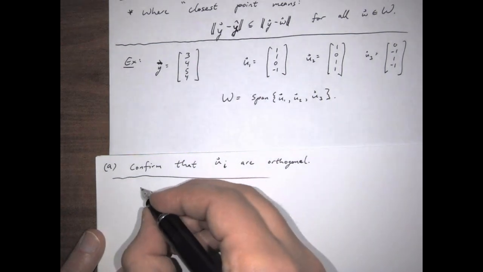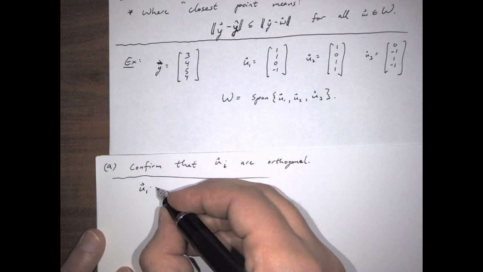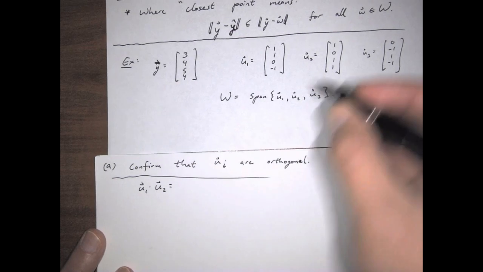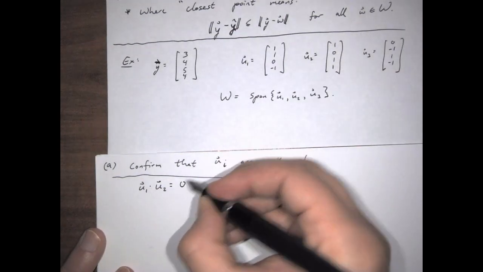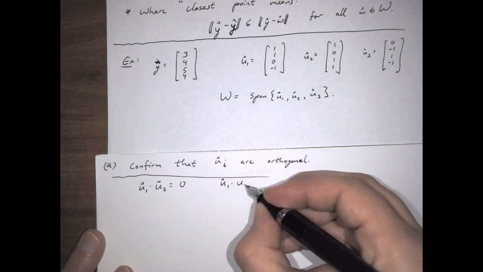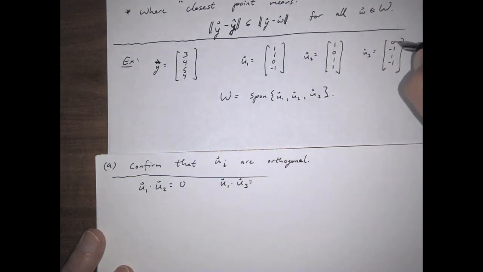Well, it means taking a few dot products here. u1 dot u2 is equal to 1 plus 0 plus 0 minus 1 equals 0. u1 dot u3 is equal to 0 minus 1 plus 0 plus 1.